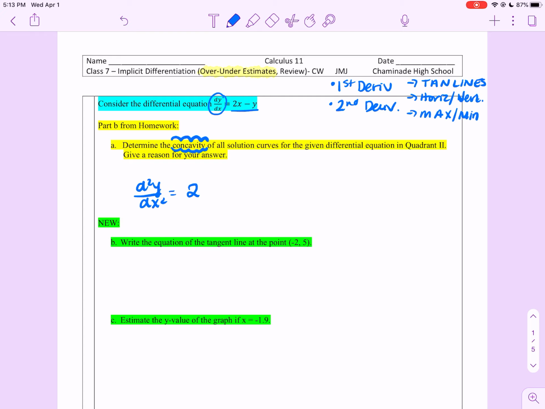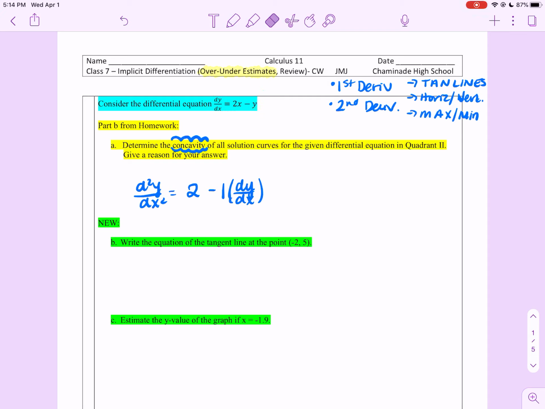After you finish that term, we can go on to the next term. Note that this term is negative y. If we take the derivative of negative y, that is negative 1. But since this term has a y in it, don't forget that we need to use our chain rule, or dy/dx. The derivative of y is dy/dx.